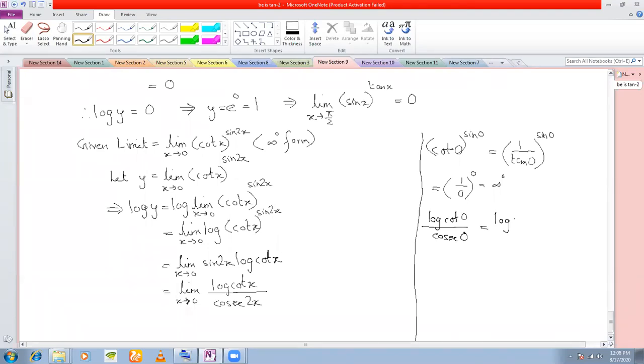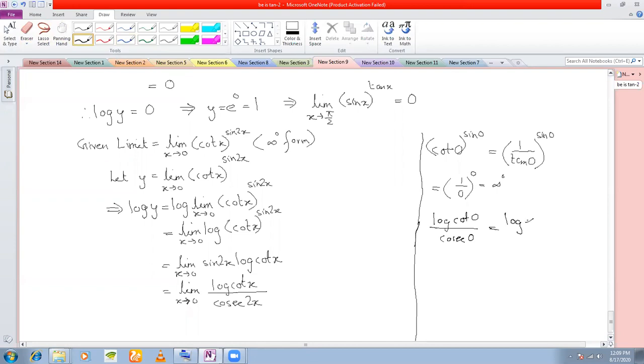Yes, sir. Okay, now there is one more step we should do before checking, because cot 0 is infinity. See why we have to do one more step: log cot 0 divided by cosec 0, that is what we are getting, right?